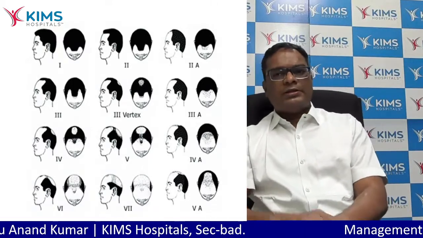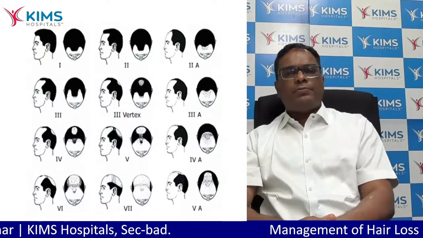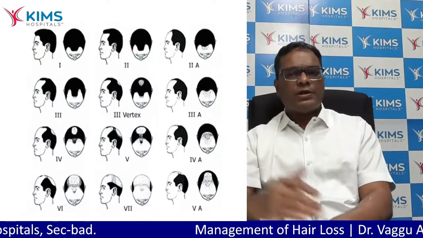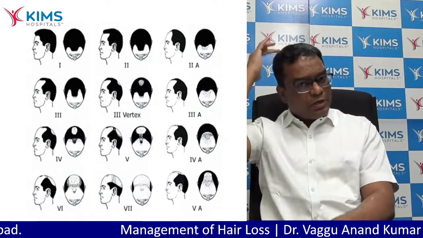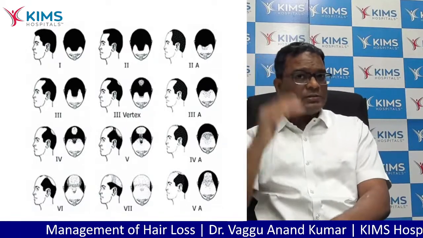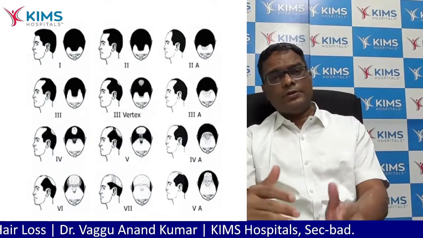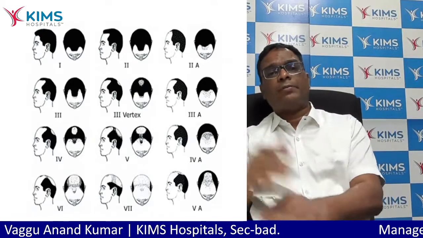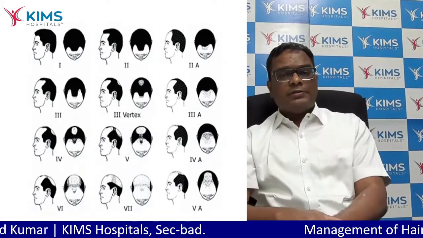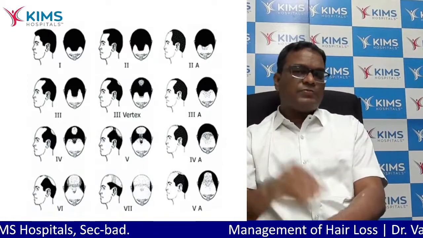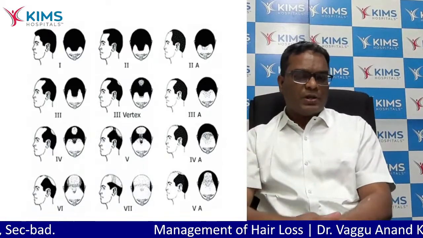Suppose in some patients, rather than this type of grading, some people will have diffuse thinning. Diffuse thinning means from the front up to the mid skull and vertex, they have complete thinning of the hair. We call this the female type of male pattern baldness. In these cases, we won't recommend any transplant. We recommend only minoxidil lotion.